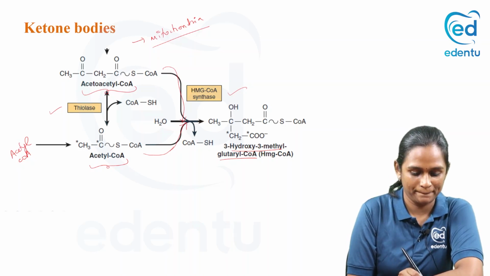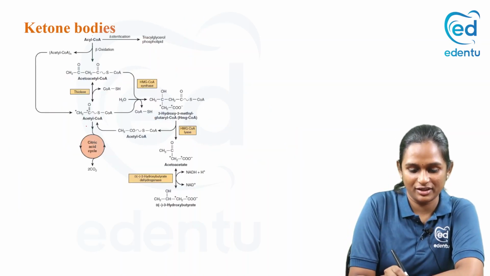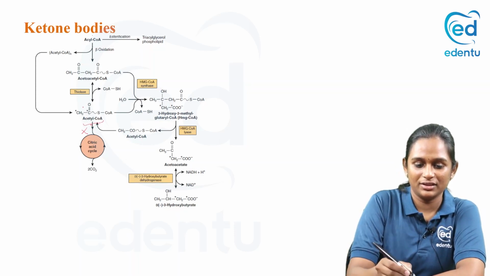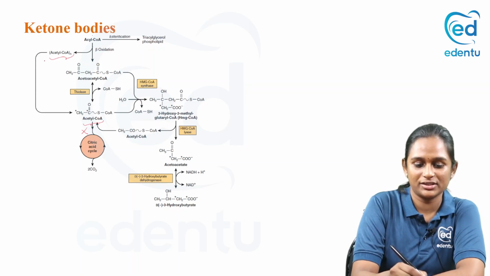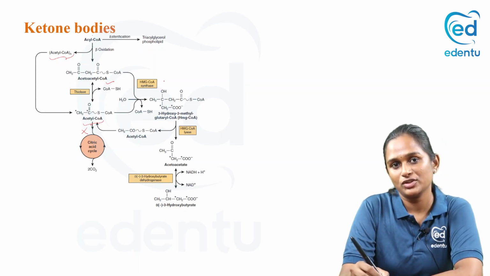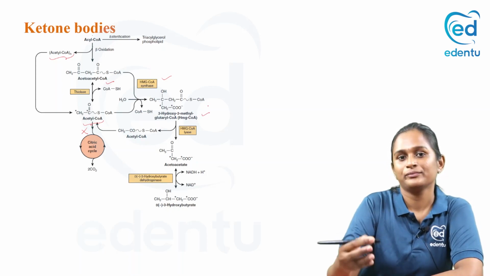So far, two acetyl-CoA combine and form acetoacetyl-CoA with the help of the enzyme thiolase. Next, the enzyme HMG-CoA synthase will accept one more acetyl-CoA and form hydroxymethylglutaryl-CoA.